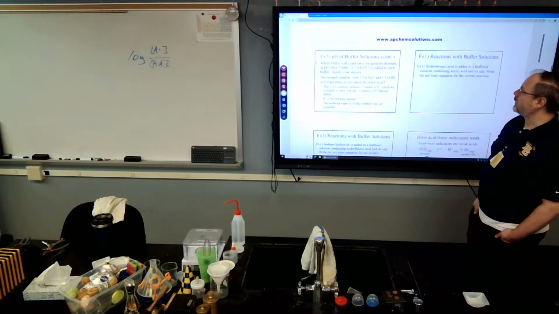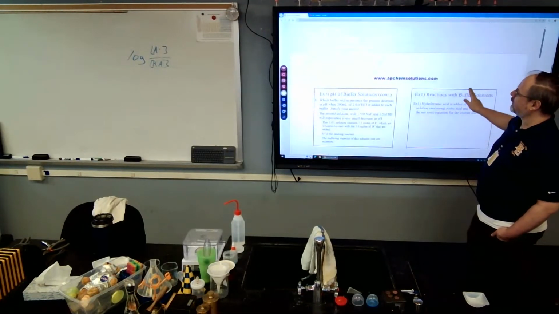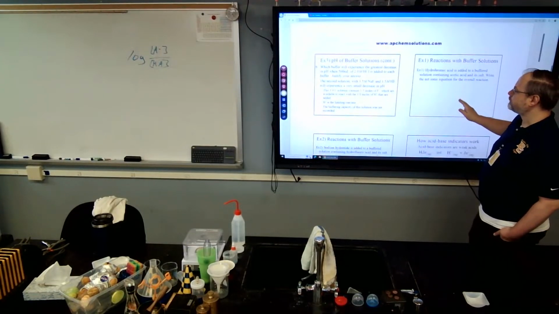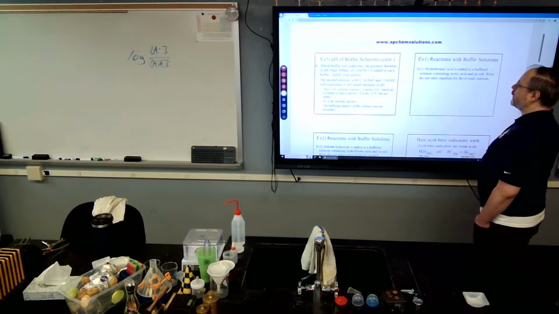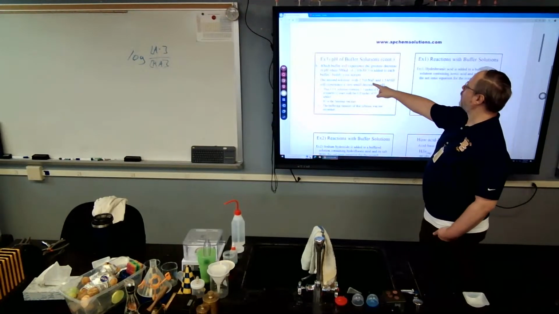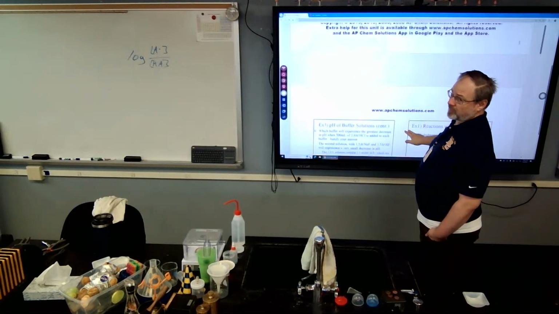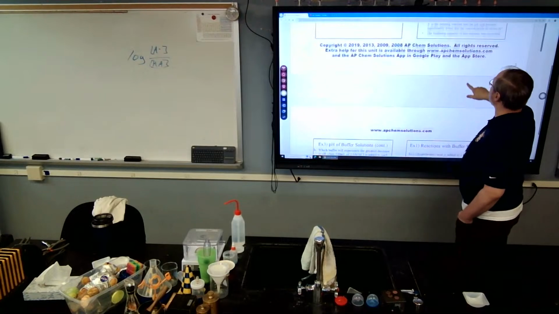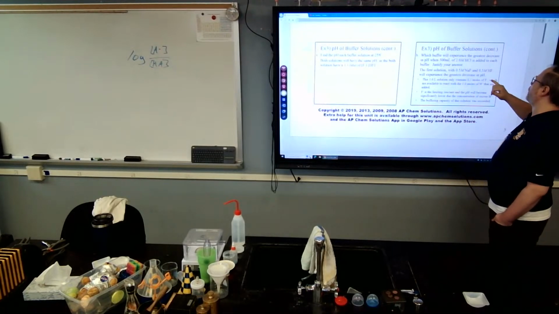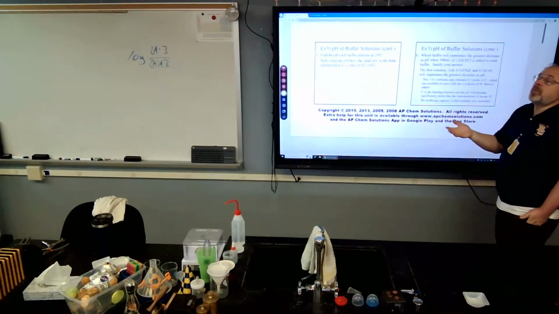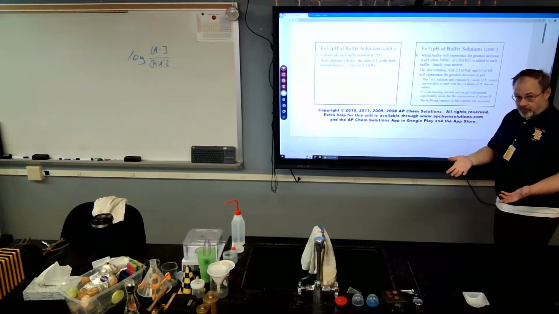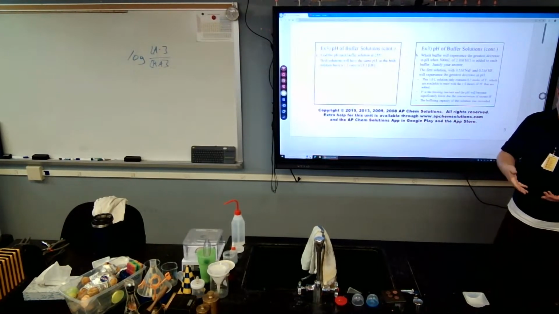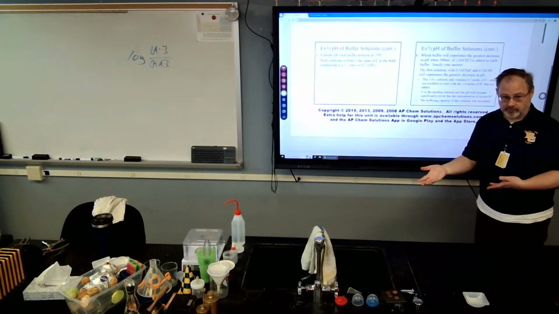Which buffer will experience the greatest decrease? Okay, here's the other thing. 0.5, 1.5. This is lab 16 we're going to be doing when we get back from spring break. The first solution is 0.5 and 0.5. It should make sense that the more concentrated buffer can absorb more protons or give off more protons.